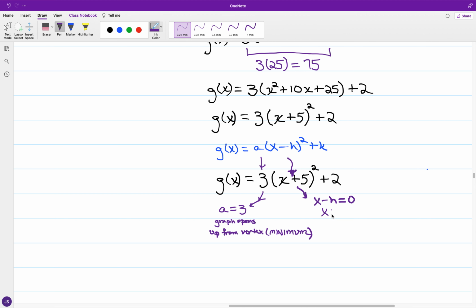For the vertex, your x and y coordinates will be the same as your h and k values. For the ordered pair, you have negative 5 for the first coordinate and 2 for the second. Okay, so we got a vertex at (-5, 2).